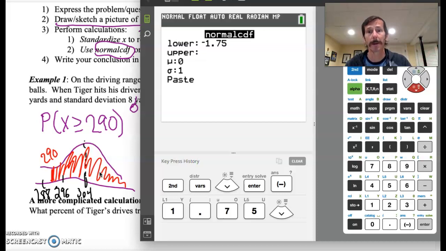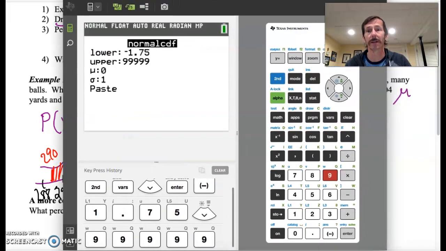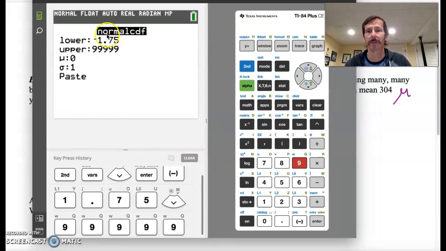So my upper is infinity, but in a standardized normal distribution, I can use numbers like 9, 9, 9, 9, 9. That's even way more excessive than I probably need to. Keeping in mind that about 3 deviations captures everything, this is basically infinity in a normal distribution if I'm doing it with z-score.